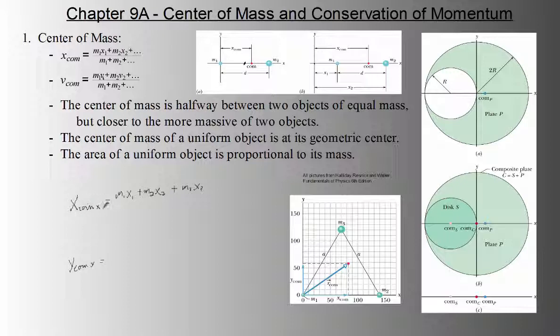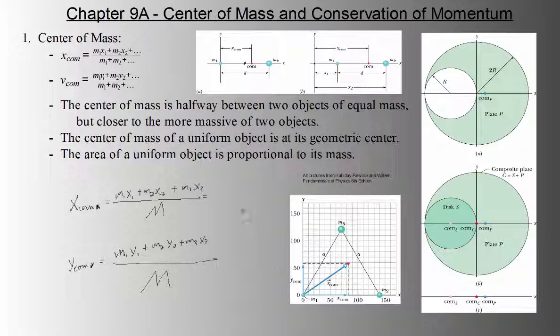Well, we don't need these actually now that we've called it x and y. And that would equal m1 y1 plus m2 y2 plus m3 y3. And we shouldn't forget over the total mass. I did big M, but big M means m1 plus m2 plus m3. Right?